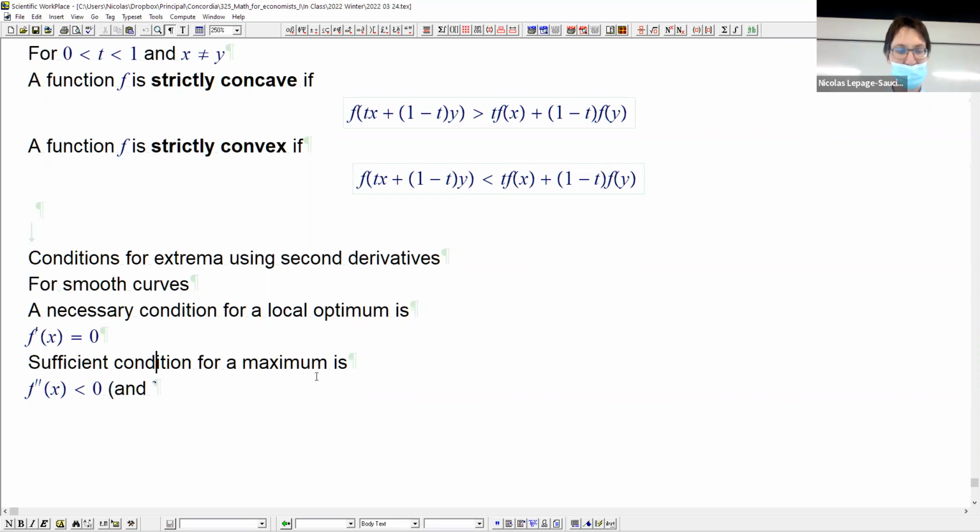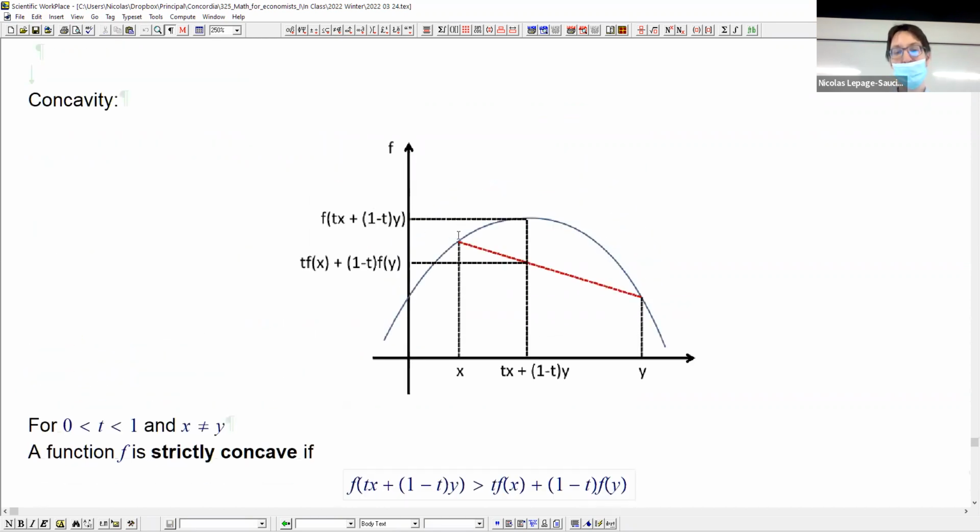And so this is crucial. If you just have the fact that the second derivative is smaller than 0, you could be here, for instance, and that's not a maximum. So what you need is that the second derivative is smaller than 0, and that the first derivative equals 0.